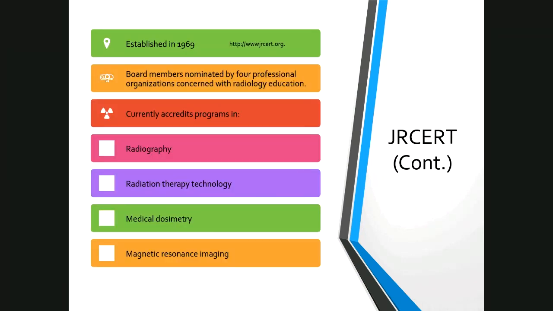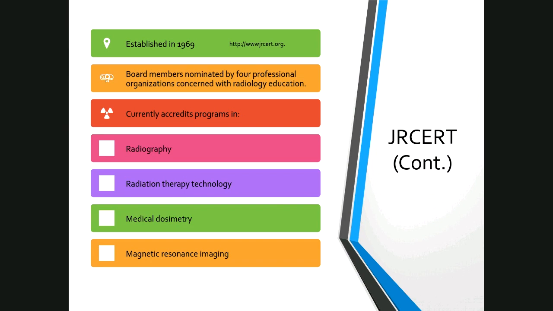JRCERT was established in 1969, and the board members are nominated by 4 professional organizations that are concerned with radiology education. And those 4 organizations are the ACR, which is the American College of Radiology, the ARRT, which is the American Society of Radiologic Technologists, AIRS, which is the Association of Educators in Imaging and Radiological Sciences, and the AHRA, American Healthcare Radiology Administrators.